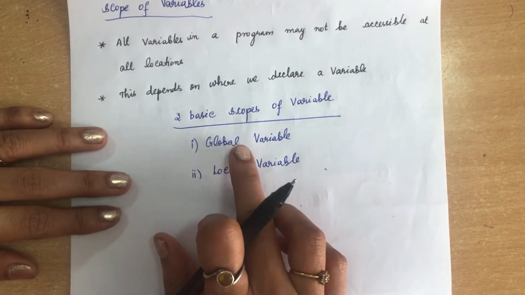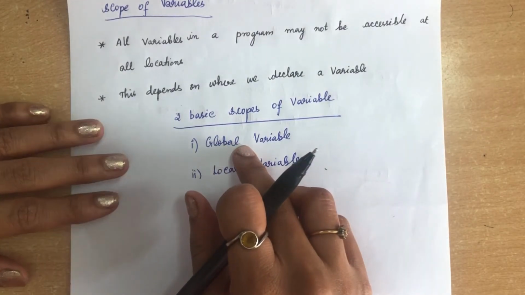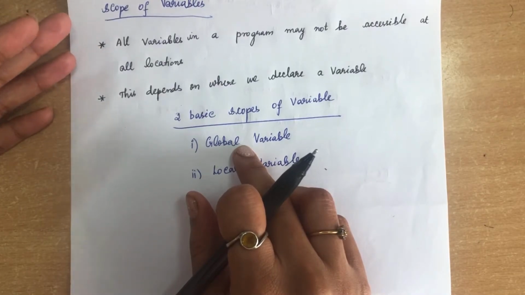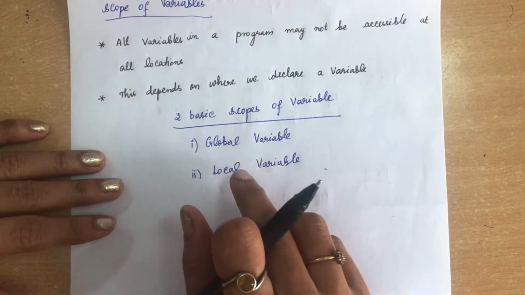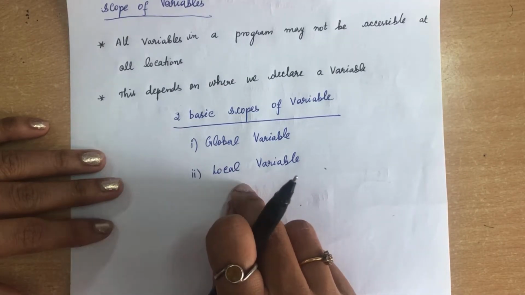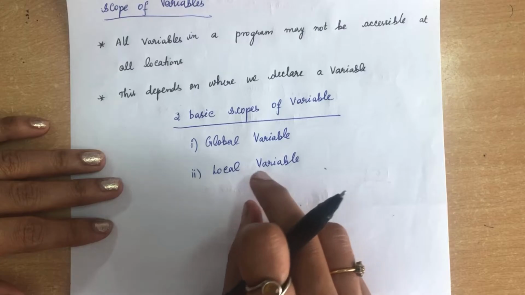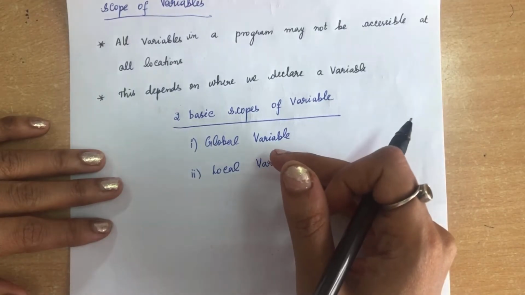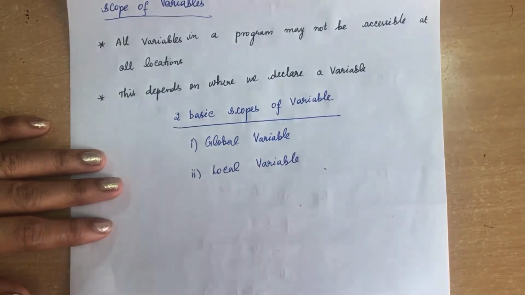Global scope means a variable declared outside the function, that is in the main program. And what is local scope? If a variable is declared or defined inside the function, then it is called local scope. We are going to discuss local scope and global scope in this video now.